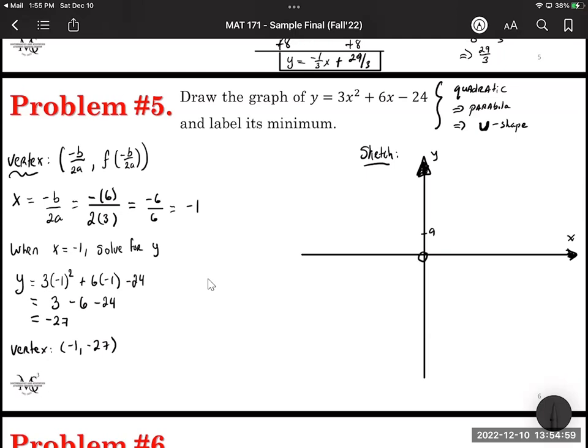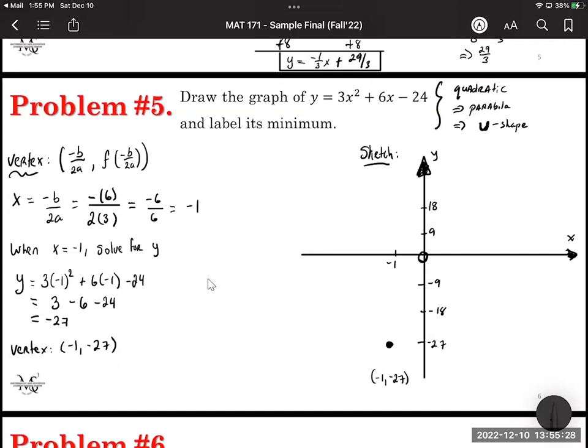I can go up by 9. So I say 9, 18, negative 9, negative 18, negative 27. The vertex is an ordered pair negative 1, negative 27. So from the origin, I go 1 unit to the left. Here's negative 1. And I can plot our vertex. So there it is. It's negative 1, negative 27.